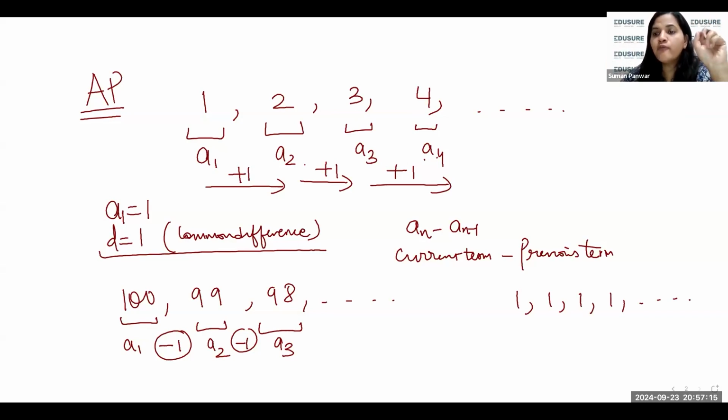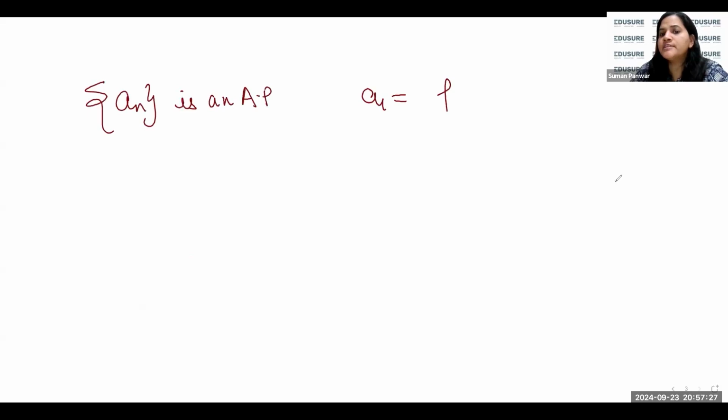So let us formalize it. If a(n) is an arithmetic progression, then a1 is called the first term, and d is called the common difference.